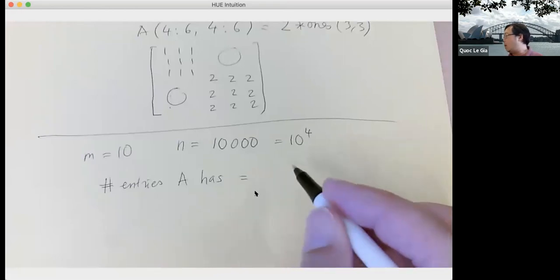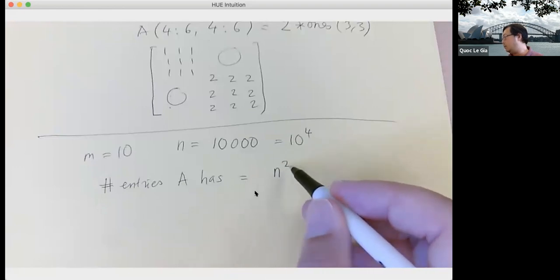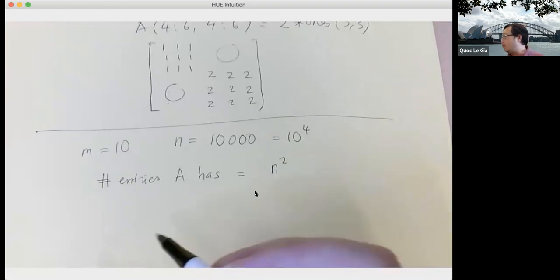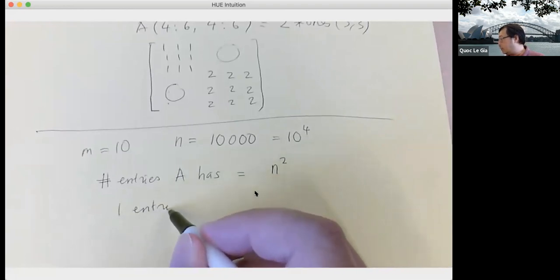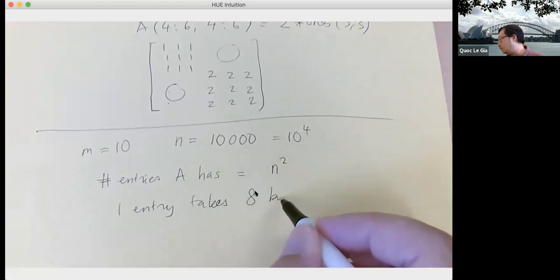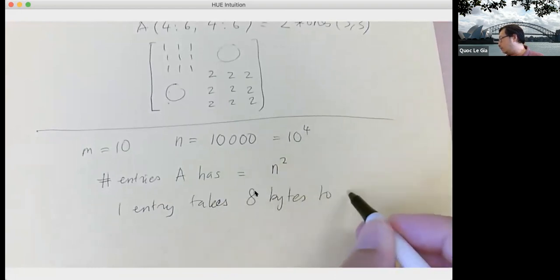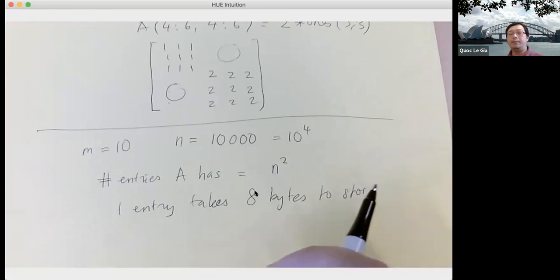Yes, 10,000 squared. So it should be n squared. And then one entry takes 8 bytes to store. Remember, 64 bits equal 8 bytes, since 1 byte is 8 bits.